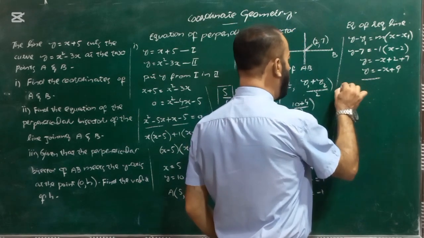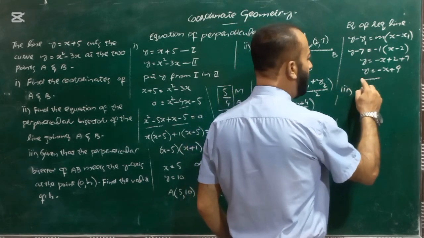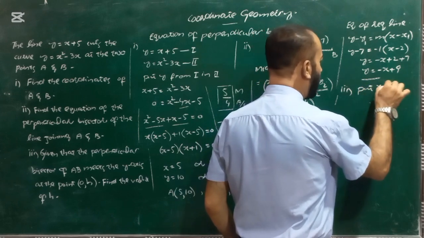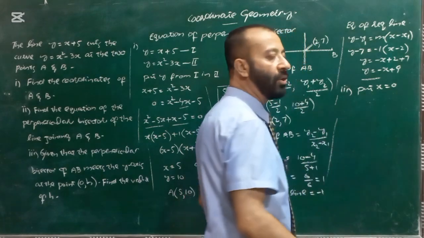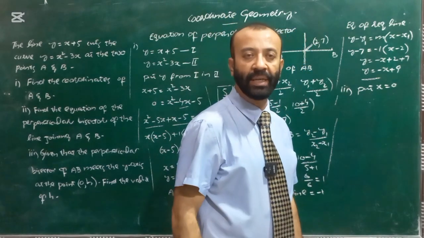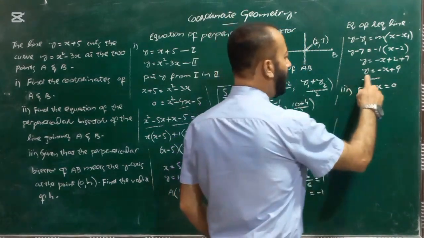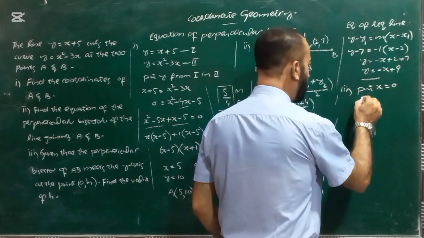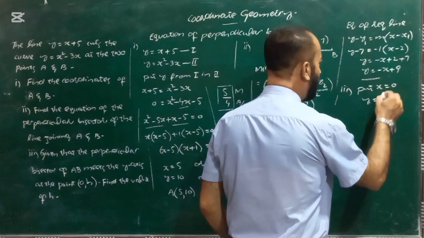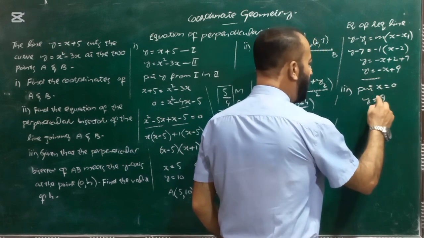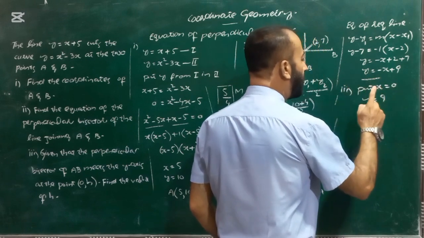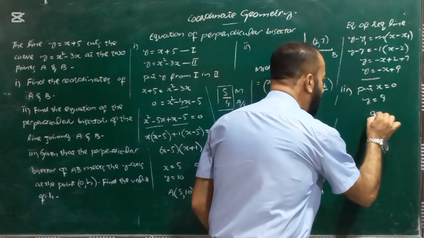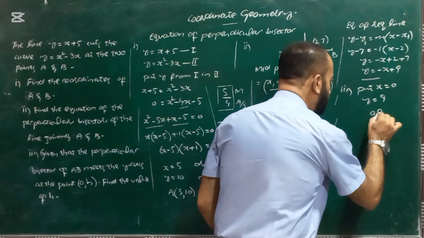When it meets the y-axis, x will be 0, because on the y-axis the x coordinate is always 0. So in the equation we will put x is equal to 0. So the equation will become now y is equal to 9.